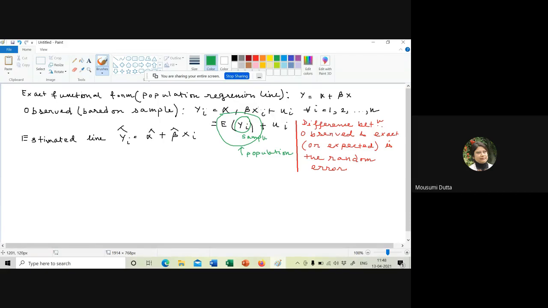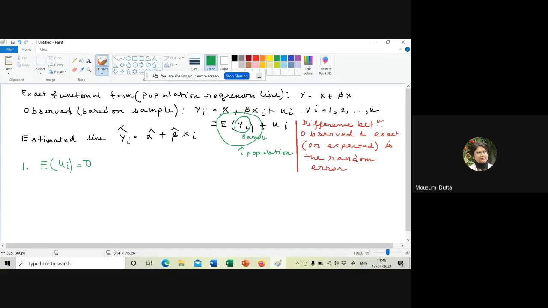Last day I discussed two assumptions. The first two assumptions I could complete. One, expectation of ui is equal to 0. This assumption says the error is unbiased. I mentioned that this is the consistency requirement of the model.